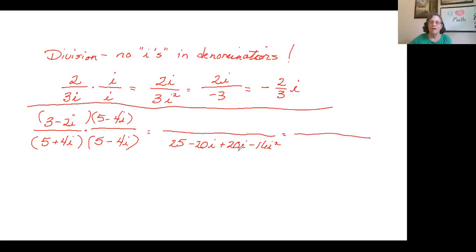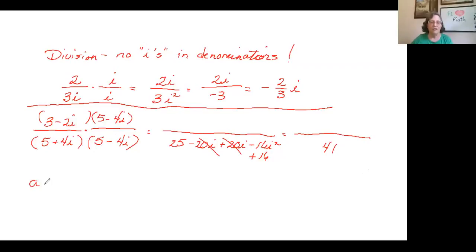The negative 20i and the positive 20i cancel because we're multiplying conjugates. 25, this becomes a plus 16, and 25 and 16 add up to 41. So I got the i out of the bottom by multiplying by the conjugate. That actually squares both terms.